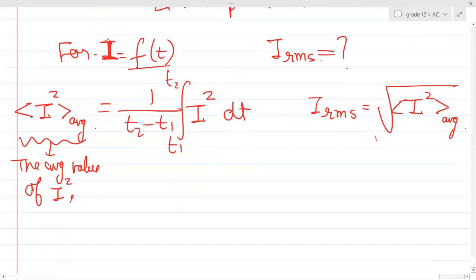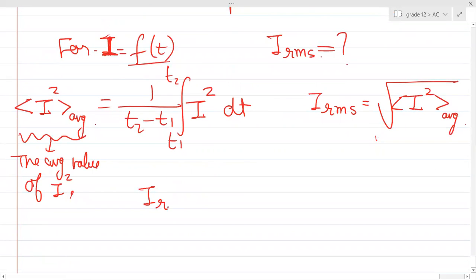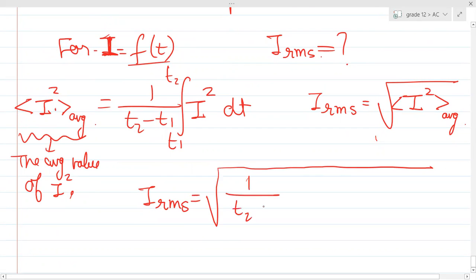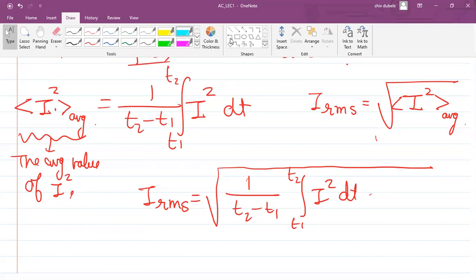So what is the final formula? I RMS equals under root of I square average, which is basically 1 upon t2 minus t1, integral from t1 to t2 of I square dt. Is this clear? So please write down this formula.